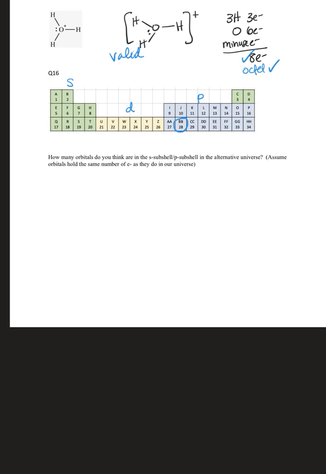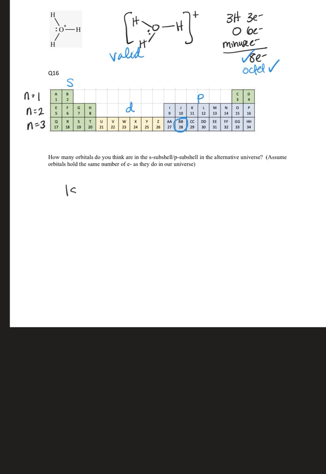So what I was hoping you would see is that this is the n equals 1 shell, this is the n equals 2 shell, and this is the n equals 3 shell in analogy to our own periodic table. Now, the green are S's, so that would mean that there must be 1, 2, 3, 4 1s electrons.